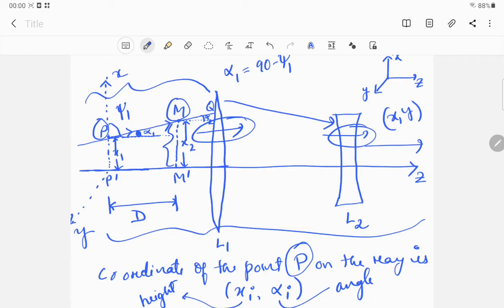So throughout this process, the ray basically suffers two types of things. What are the two types of things? I will show you.